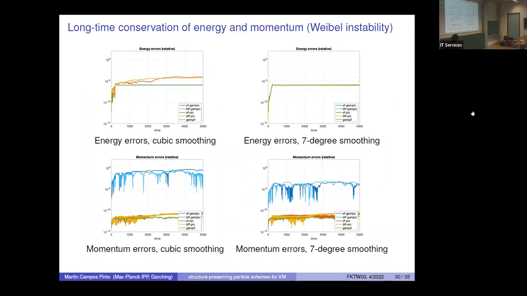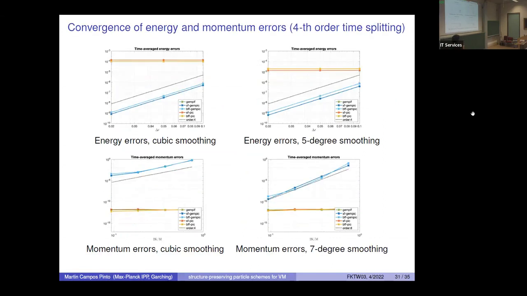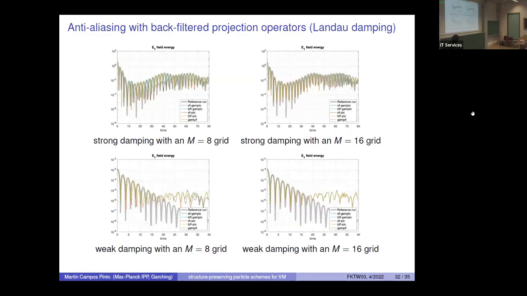Here it's in Fourier space just to check that all the theoretical bounds were satisfied in practice, that the conservation of momentum was essentially depending on the time step, on the oversampling, and we were also studying the anti-aliasing properties when you use the shape functions to smooth the source before taking the DFT, and then you back filter to avoid damping too much the modes that are close to the sampling limit.